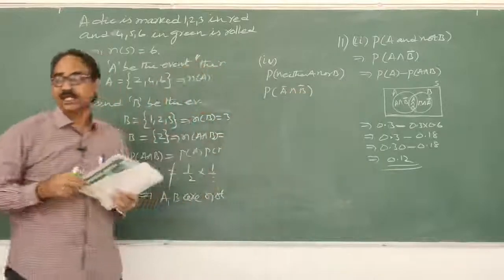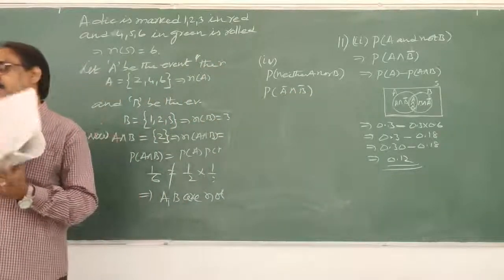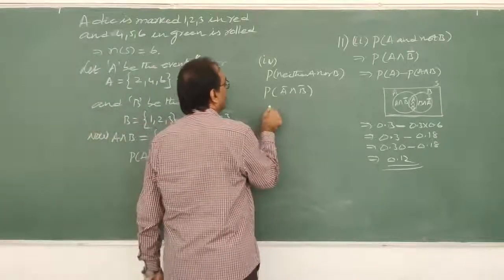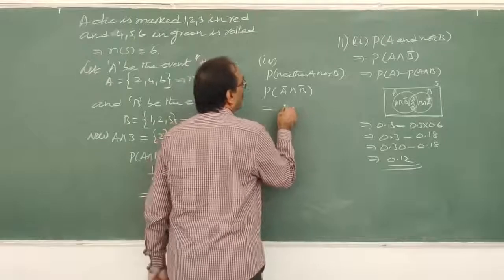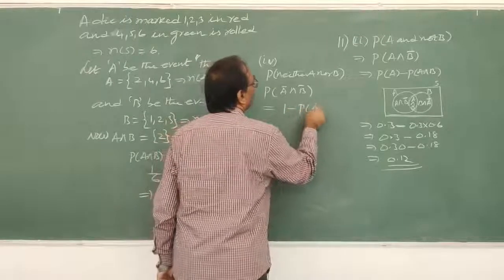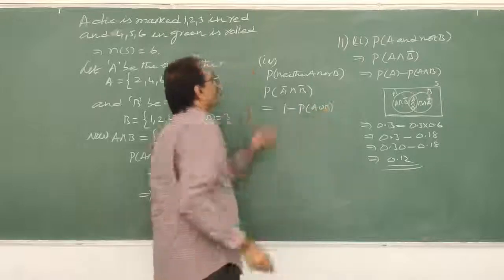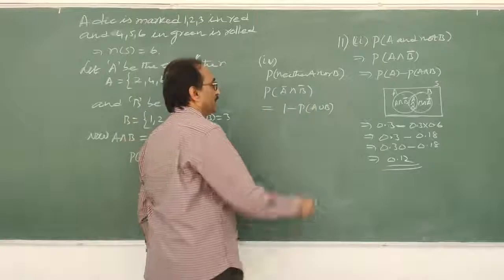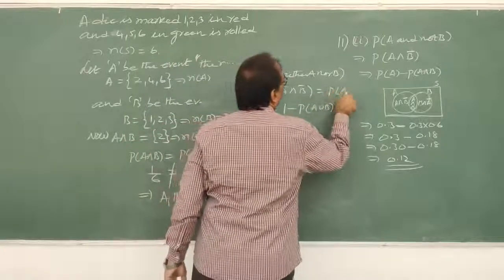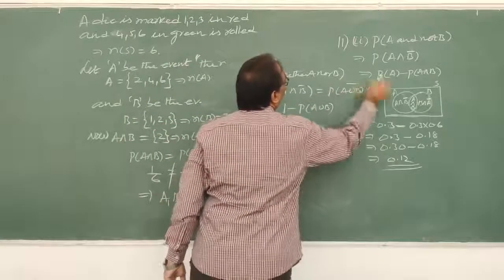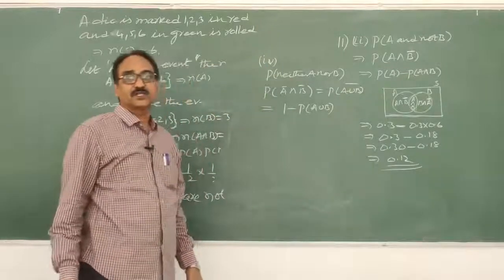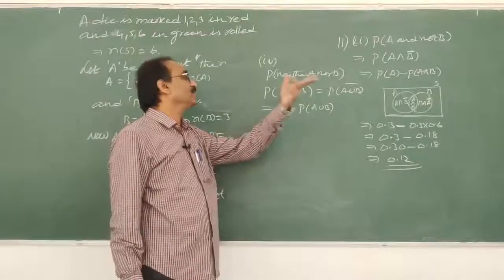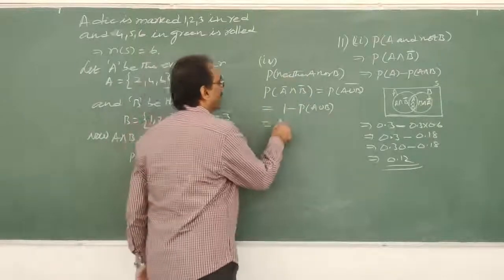That is the meaning of neither A nor B. P of A complement intersection B complement is equal to 1 minus P of A union B. Directly, P of A bar intersection B bar is equal to P of A union B whole complement. Again, A complement means S minus A. S means total, total means 1. So 1 minus P of A union B. That's all. So 1 minus what is P of A union B?